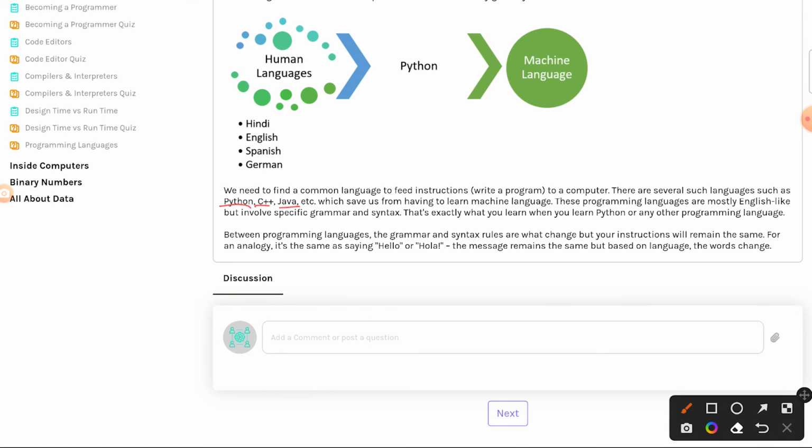If I want to say hello in English, I will say hola in Spanish, or I will say namaste in Hindi. The vocabulary may change, but the way we greet people and the way we express ourselves is more or less the same. So once you learn one programming language, it is much easier to learn any other programming language, because all you are doing is changing the syntax a little bit, changing the vocabulary a little bit.